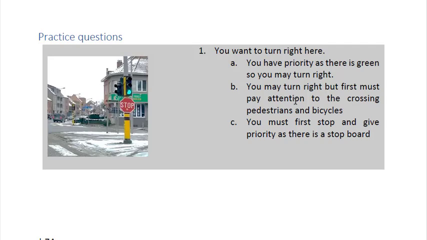So if there are pedestrians crossing that lane, you must first give priority to them. Option C is also not correct. Remember, when there are traffic lights, the hierarchy of priority says that the traffic lights are above the traffic signs or traffic boards. So when there is a traffic light, you can ignore the traffic boards, right?